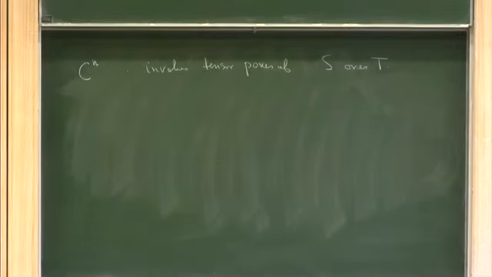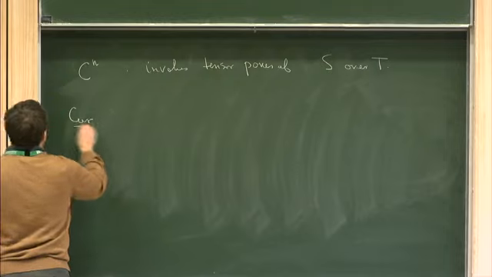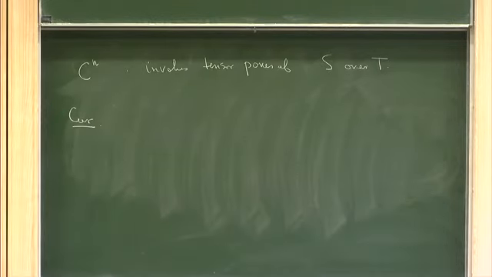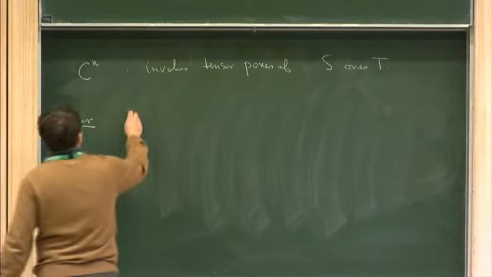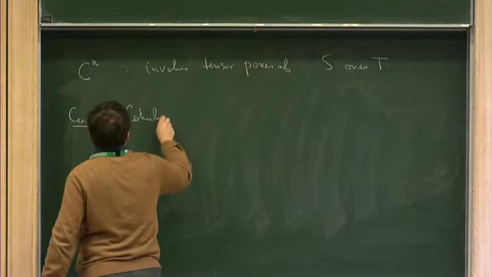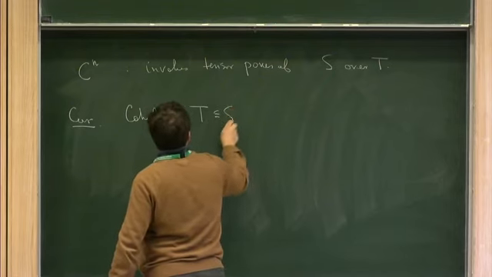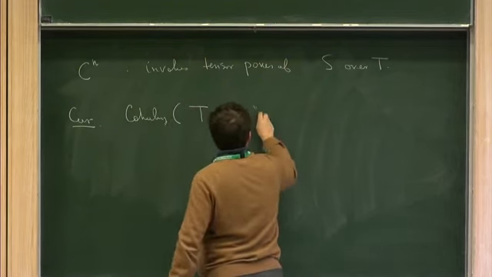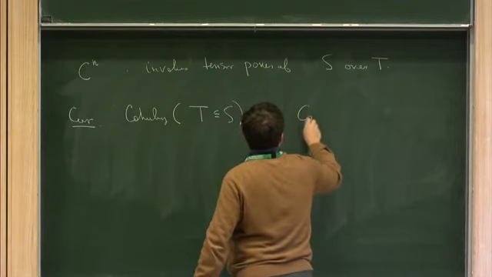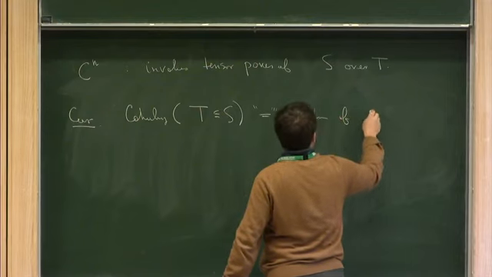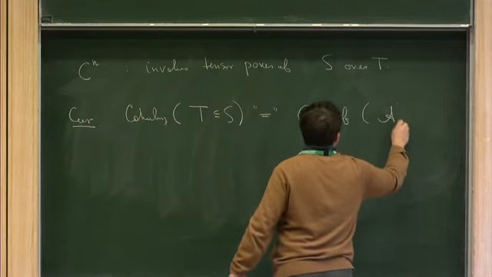And, well, one immediate corollary of the fact that these things are the same is that the cohomology of this T inside S is equal to the cohomology of the tube algebra AC.